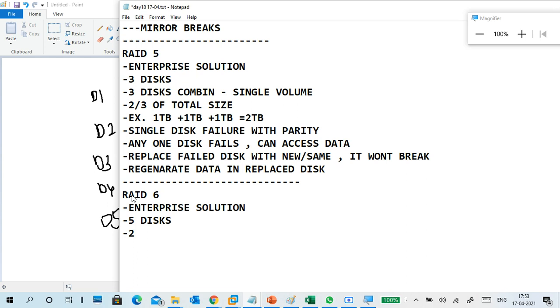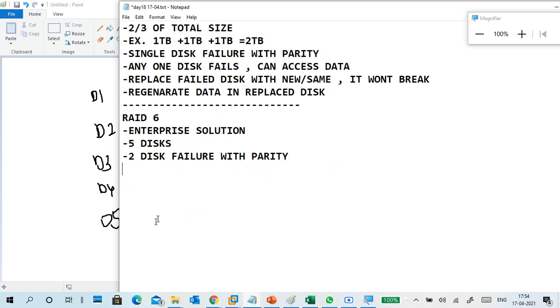It is a 2 disk failure type with parity. But practically we can do one up to 5 only. So 2 disk failure with parity we are able to create, and we get 3 by 5 of the total size to access.